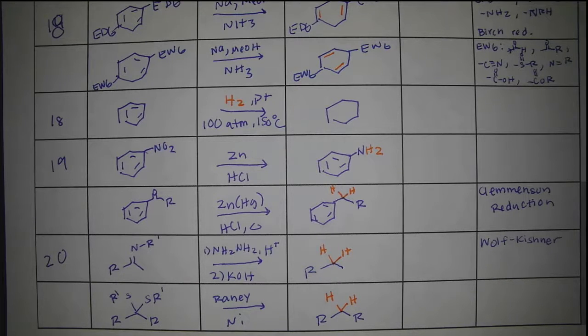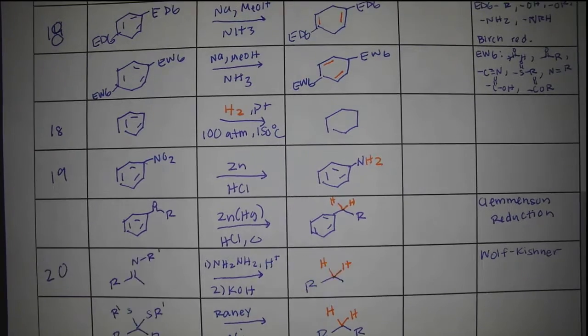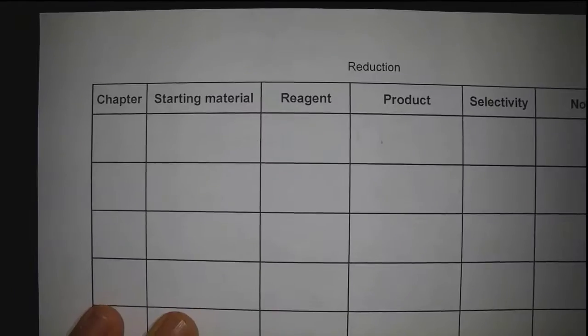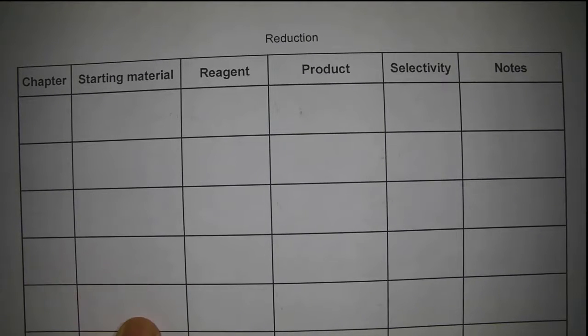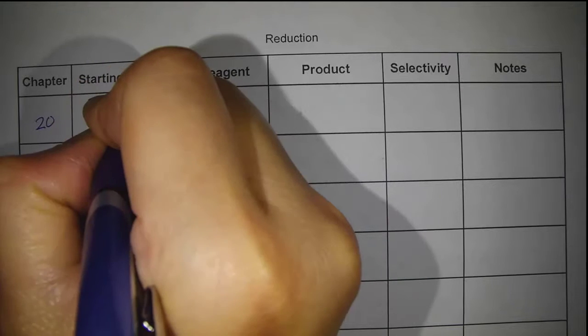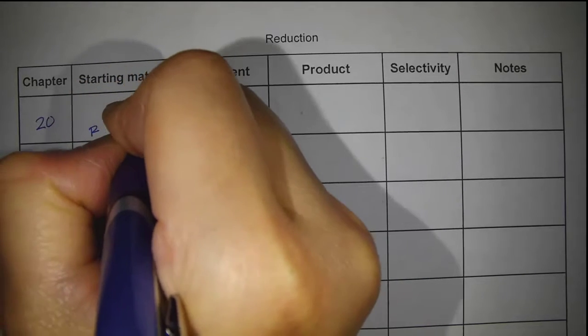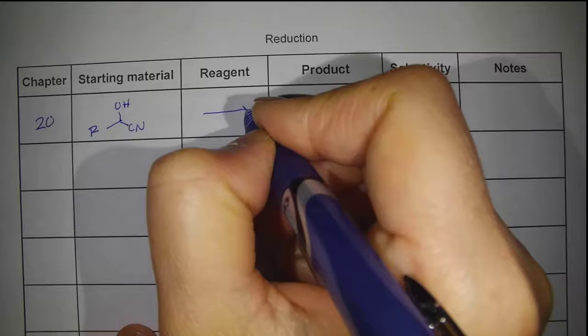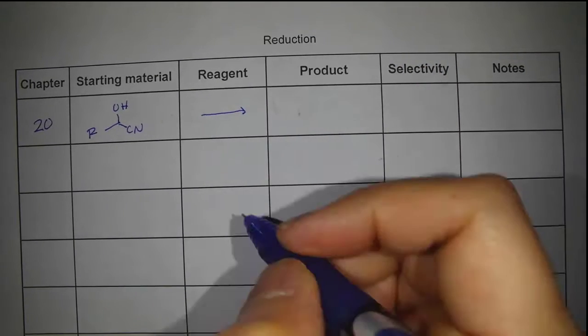All right, we have one more to add, and I'm going to have to flip the page over for this one. And this is with that cyanohydrin that you made with carbonyl and HCN and KCN.